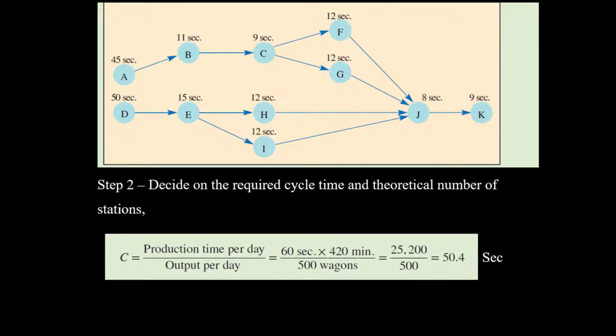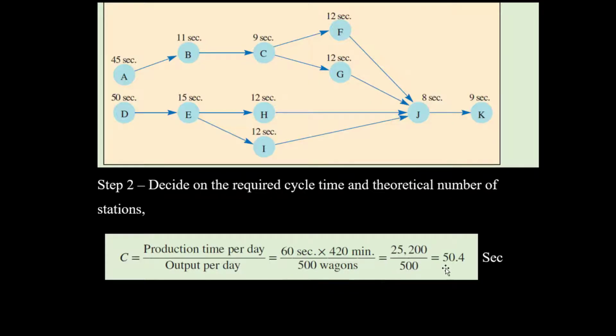Now we move on to calculate the cycle time which every workstation must adhere to. Every workstation can run either the same time or less than this time. How to arrive at that? Total production time available is 420 minutes times 60 seconds, and the output per day is 500 wagons, which is the output target.